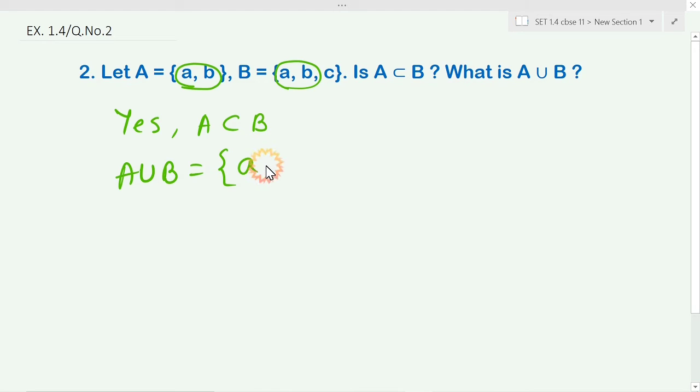So the common elements between A and B are a, b, and the remaining element is c. So A union B equals to {a, b, c}, which is the set B. So in this case A union B equals to B.